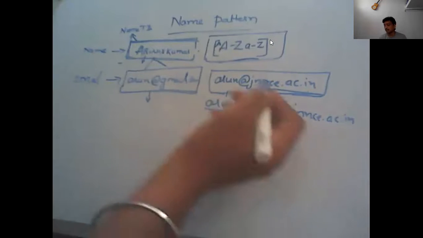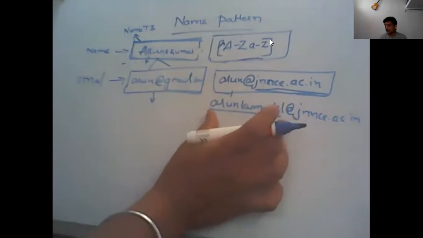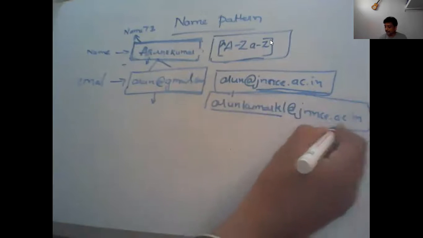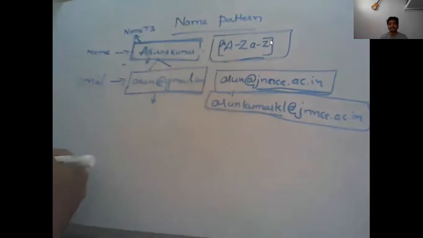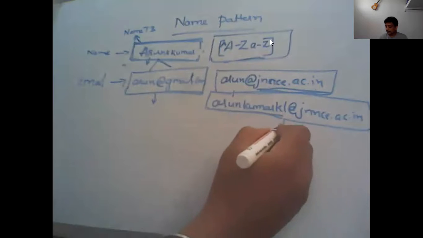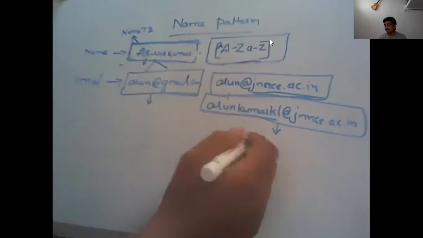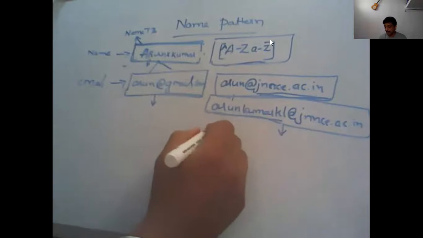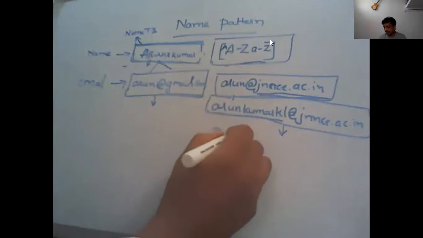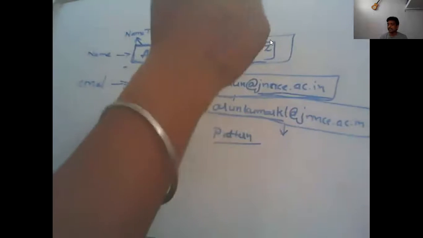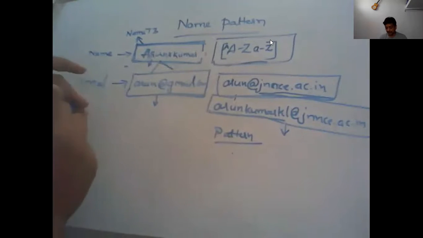There is no space, it is complete as one straight name, arunkumarkl@jnnc.ac.in. See, this is my valid email ID of JNNC. I want to write the pattern for this to check its validity, whether it is a valid email ID or not. What is the pattern? How can I write a pattern to check the email ID of JNNC students or staff?